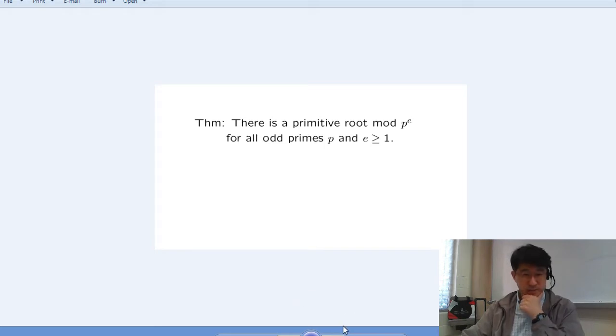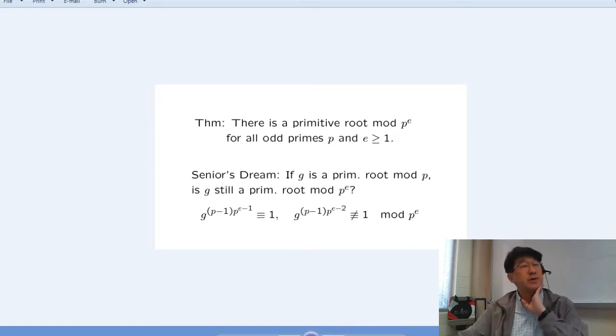All right. So if you're asked to go to the next level, p squared, for example, you have more experience than freshmen. So this is your thought. All right, I have a primitive root mod p, right? And then you just hope that it's still primitive mod p squared, right?